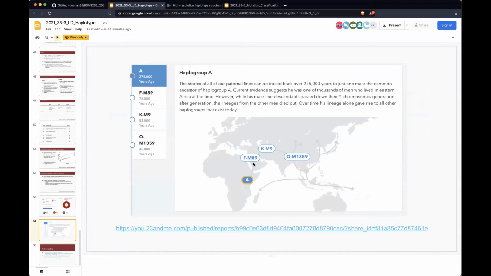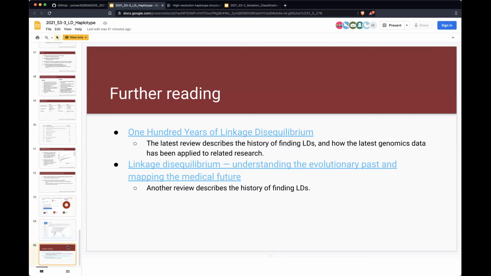From Africa, migrating to here, to where I ended up. And lots of different haplotypes have their own tracing of the migration. So, again, we can use that genomic information to track down human history in terms of the DNA information.